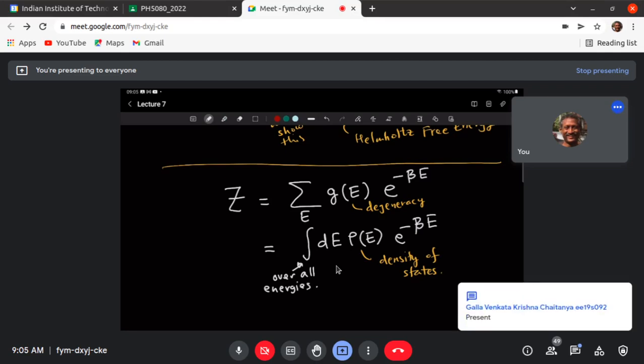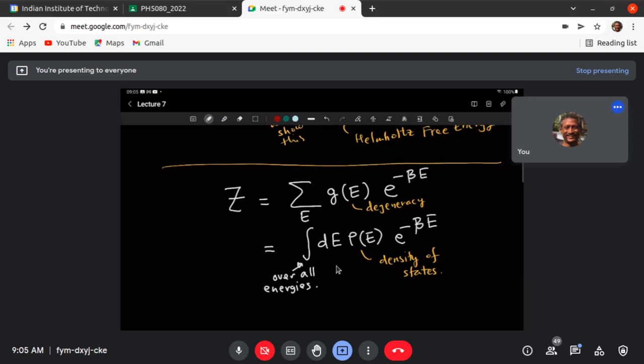It'll go up to infinity. Okay. Anything else? But this exponential factor e to the power minus beta E will make this integral convergent in most cases.